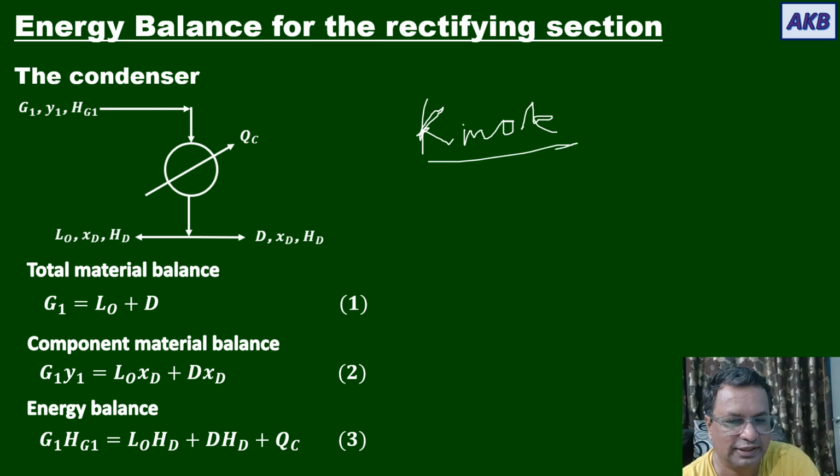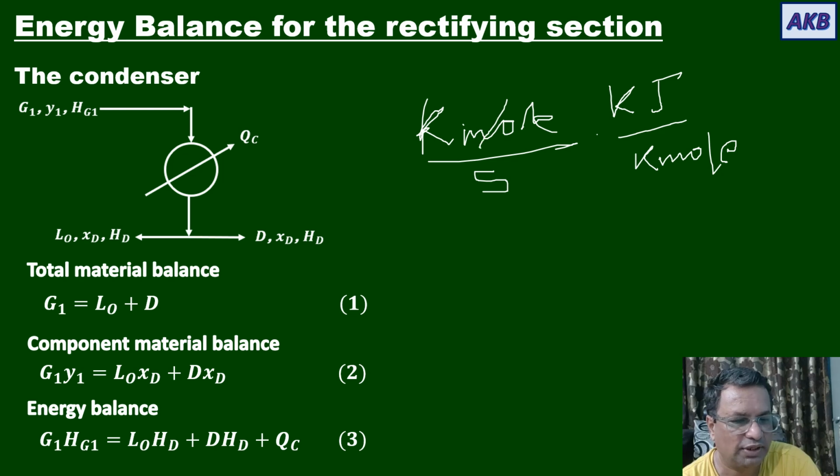Kilomole per second. Whereas this enthalpy, we are expressing it as energy per unit mole. So it will be kilojoule per kilomole. So you have multiplication of these two. What happens?